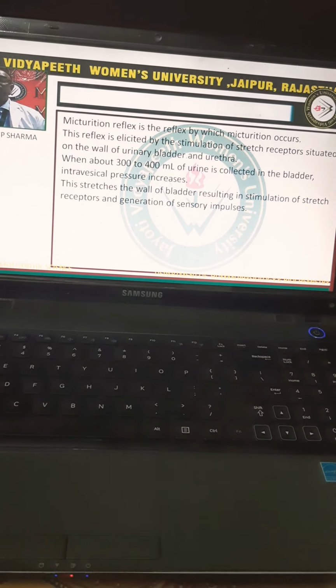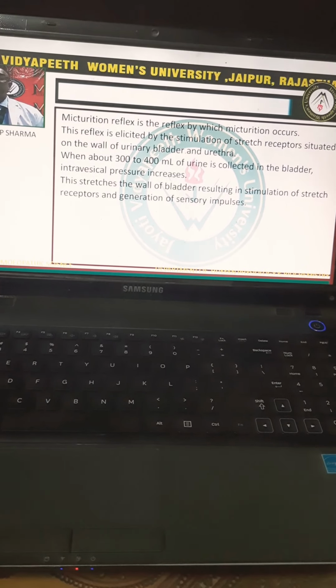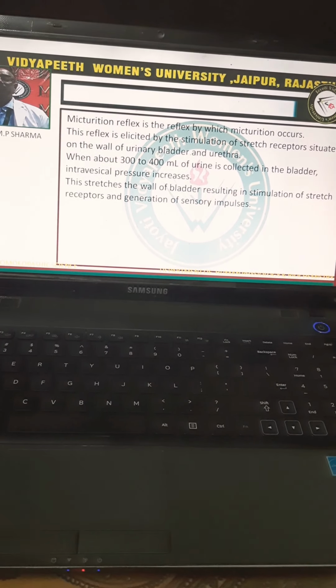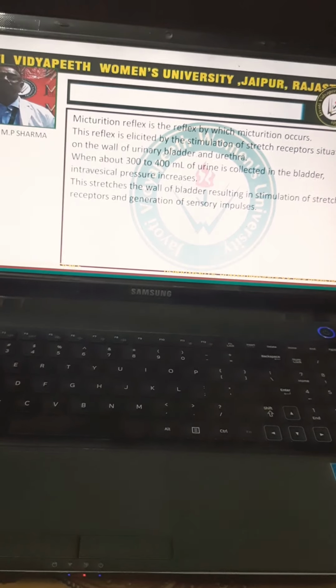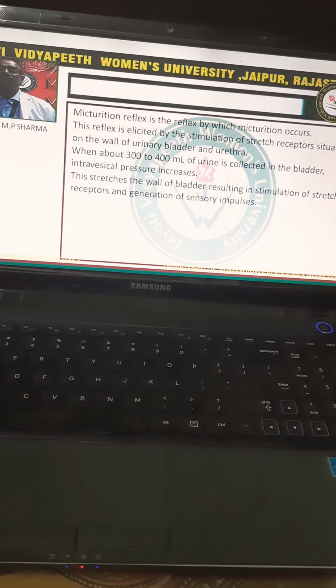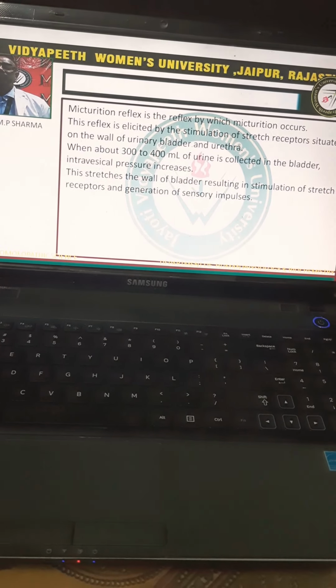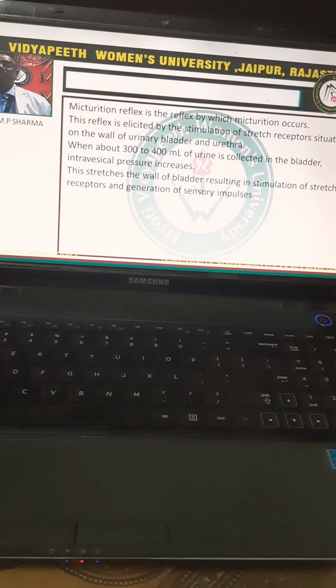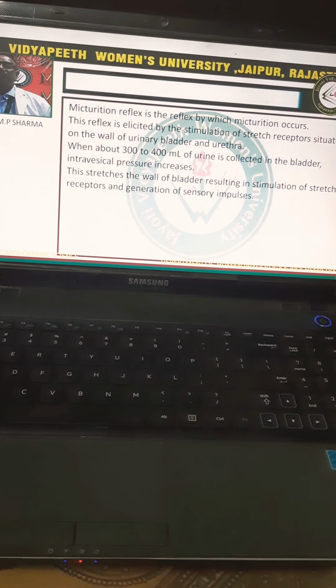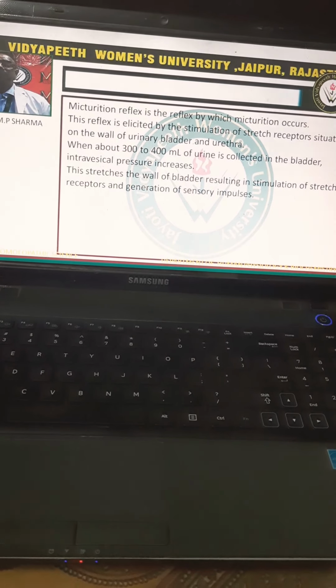Micturition reflex is the reflex by which micturition occurs and this reflex is elicited by the stimulation of stretch receptors situated on the wall of the urinary bladder and urethra.